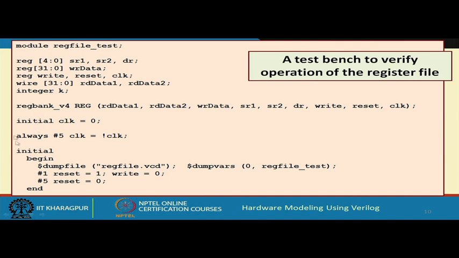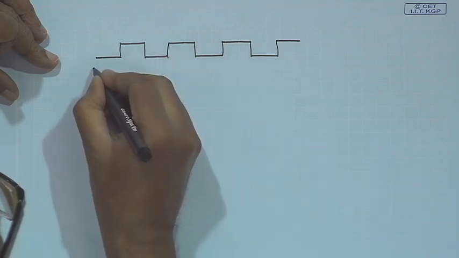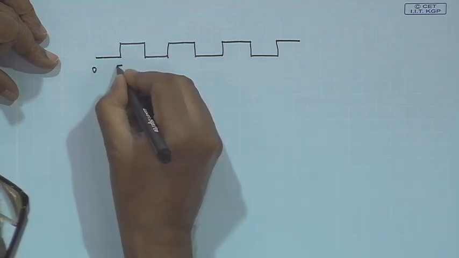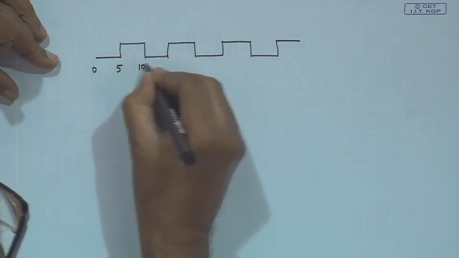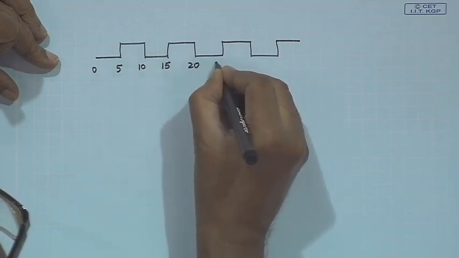Let us see what we are doing here. We are initializing clock to 0 and always at 5, clock equal to not clock. This means again we are using a clock signal like this. We start with time 0, so at 5 we toggle, again after 5 we toggle, again after 5, like this.